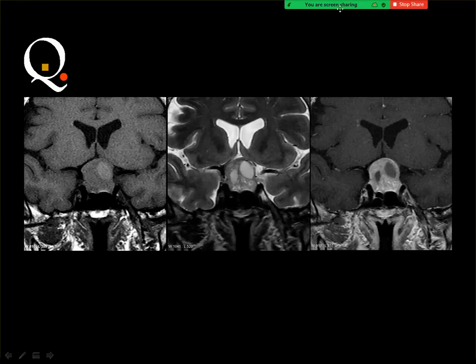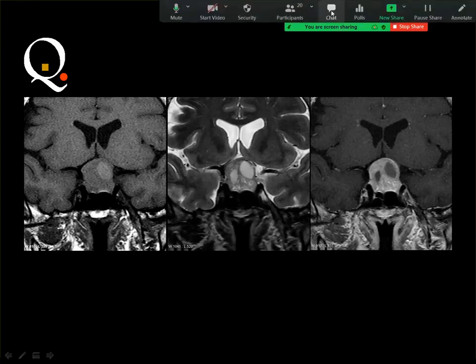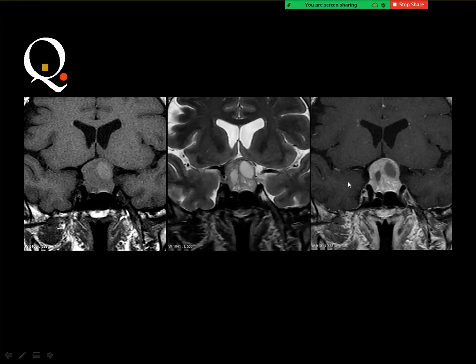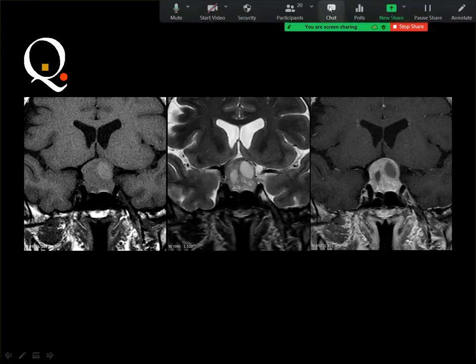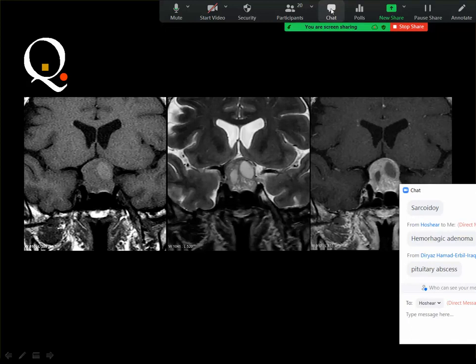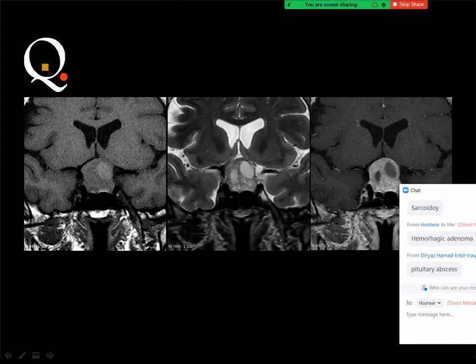Yes, this is the case of the pituitary gland, T1, T2, post contrast. Pituitary abscess, no. Hemorrhagic adenoma, right.